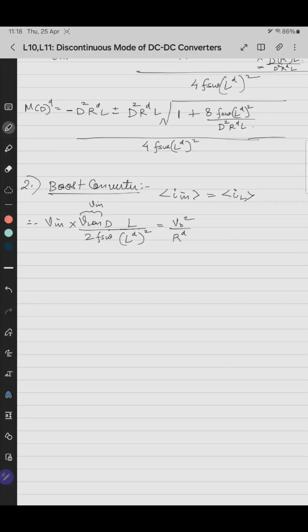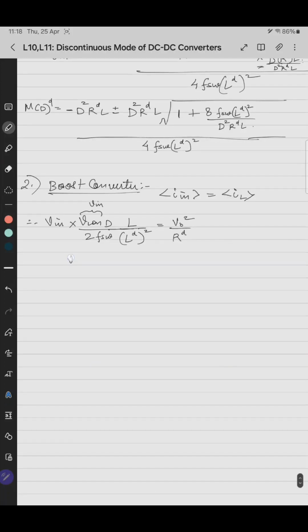So simply it will be V in square DL by 2F switching LD, whole square, equals V naught square by RD. So V naught by V in is square root of what?